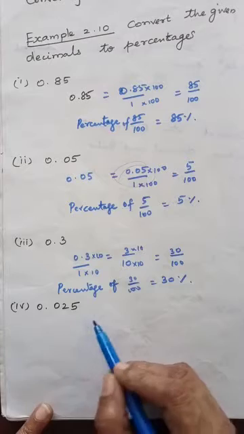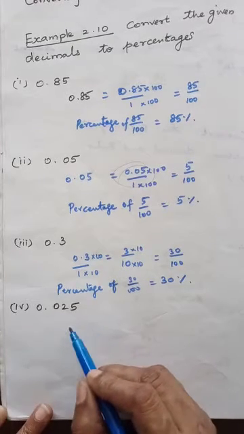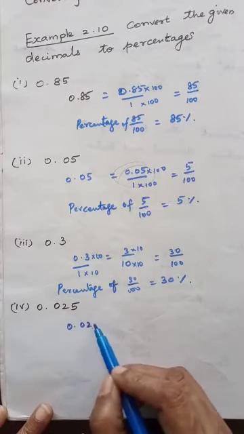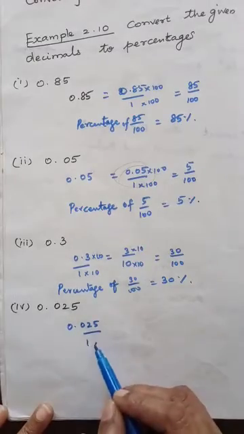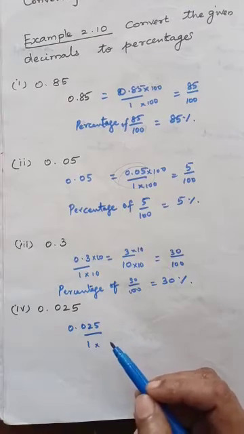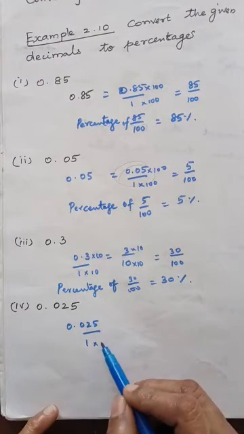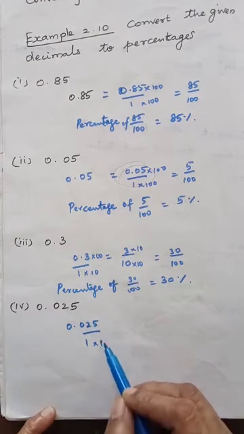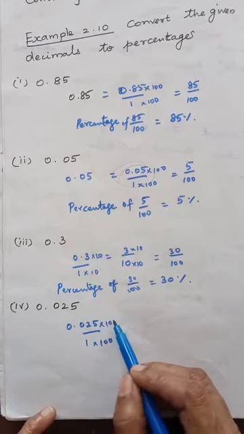Then the fourth problem. Here 0.025 divided by 1. You have to multiply this by 1000. Then only it will come as a whole number. But in percentage, the denominator must come as 100. So you have to multiply by 100.